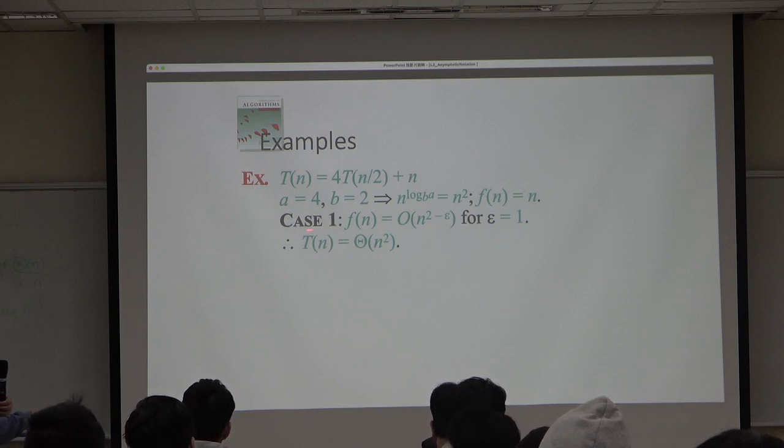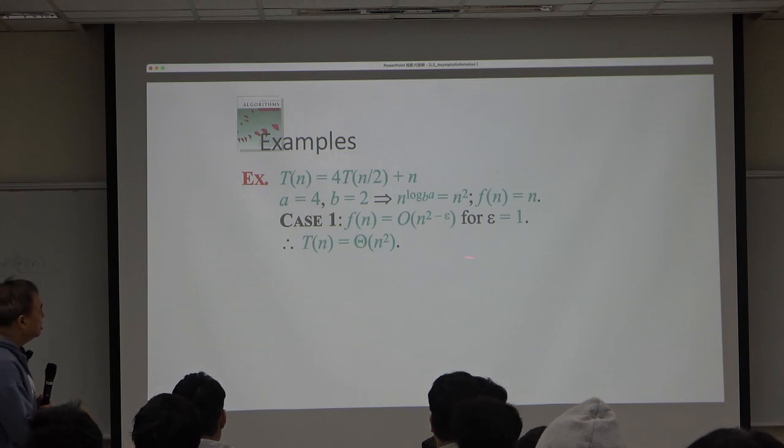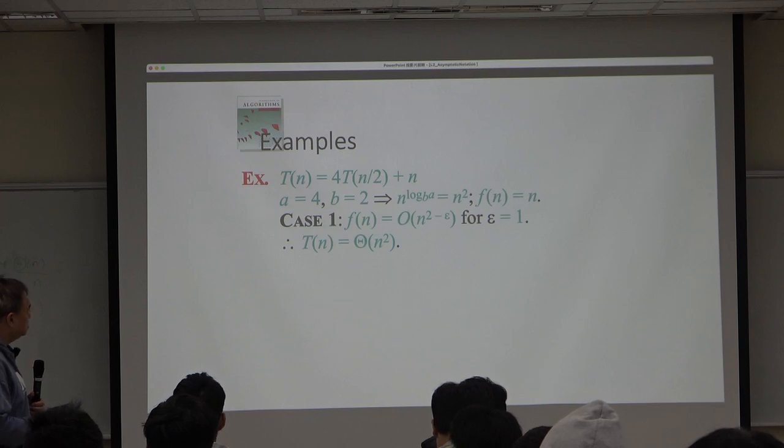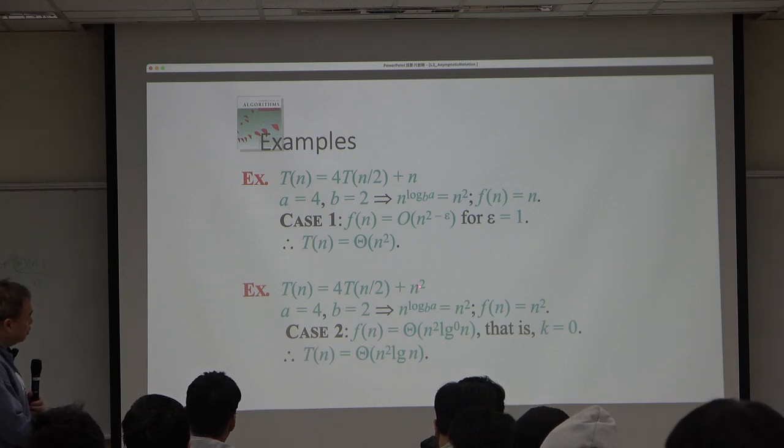If this is case 1, then T of n is n to the power of log base b of a, which is Theta of n squared. You just check. The other one: T of n is 4 T of n divided by 2 plus n squared.